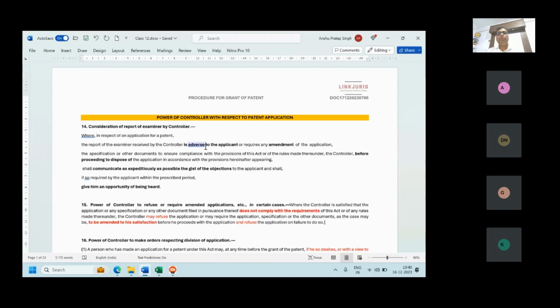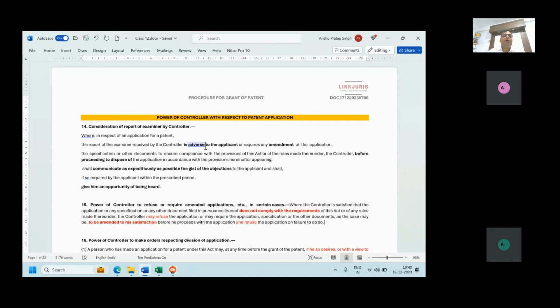Now the report is referred to the controller. If the controller sees that the report is adverse to the applicant, or it requires an amendment of the application, then before disposing of the application, he will communicate the gist of objection to the applicant. This first gist of objection is called first statement of objection, FSO, or FER in common language, that is first examination report.